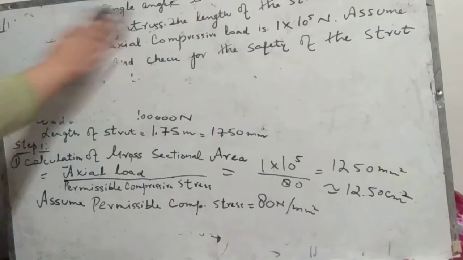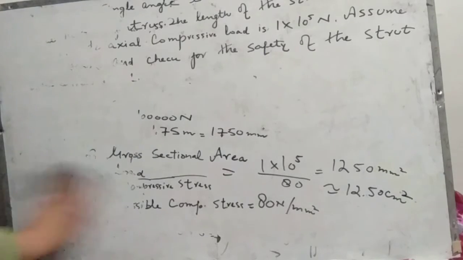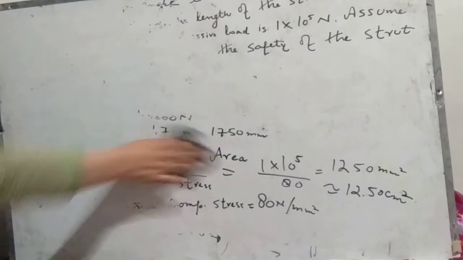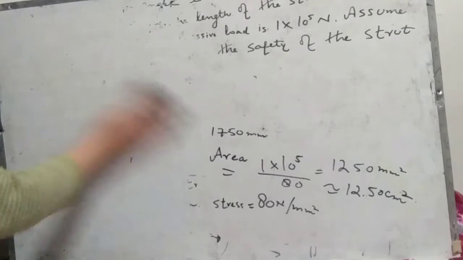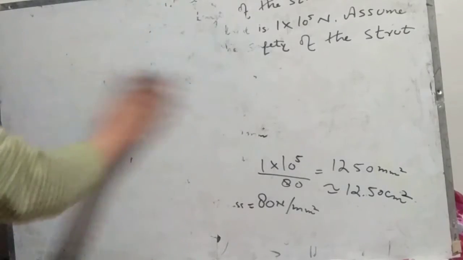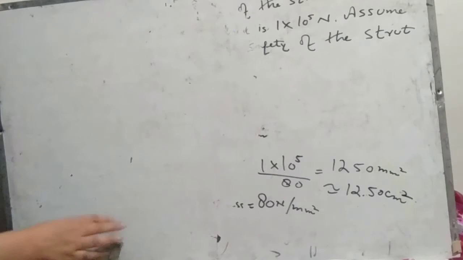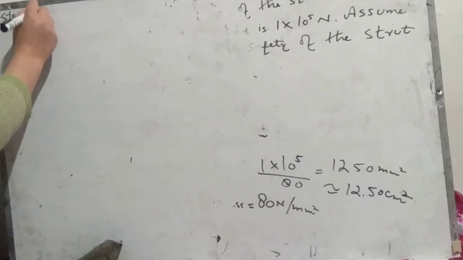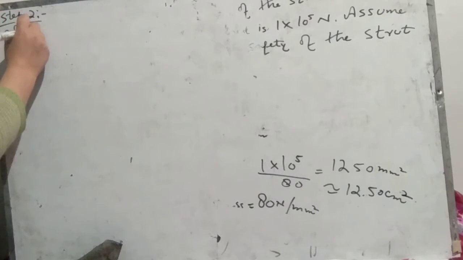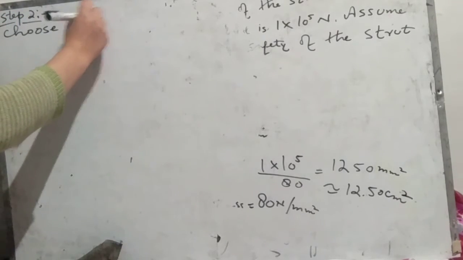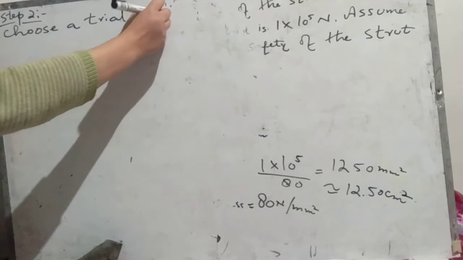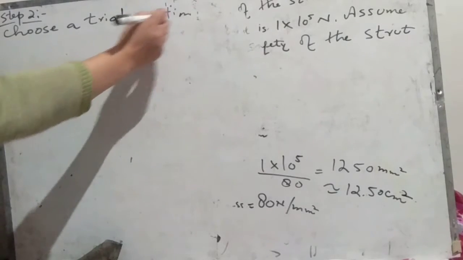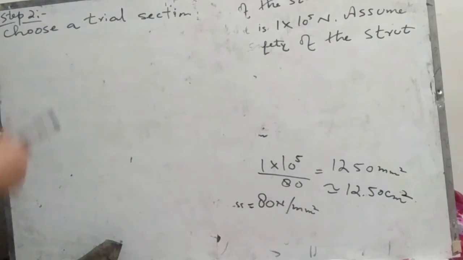Now our second step will be to choose a trial section. You have to choose a trial section from the steel table.